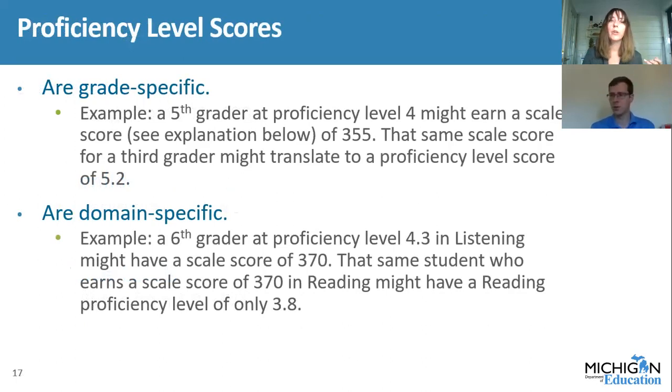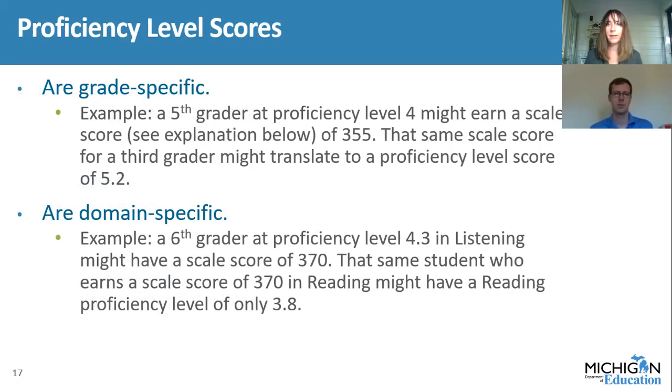So how should you be interpreting these proficiency level scores as you look at them? Let's take an example. Our proficiency level scores are grade specific, meaning if you have a 5th grader who scored at proficiency level 4, they might earn a scale score of 355.